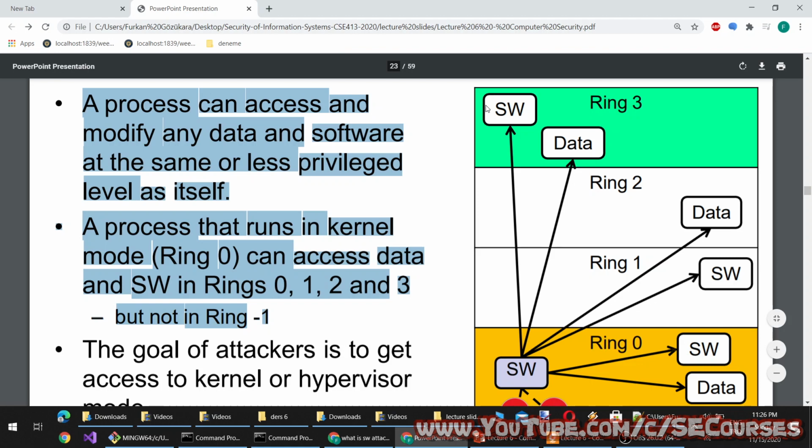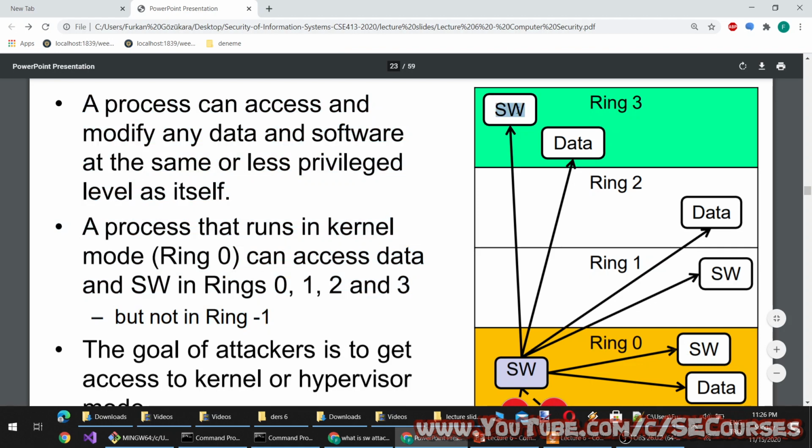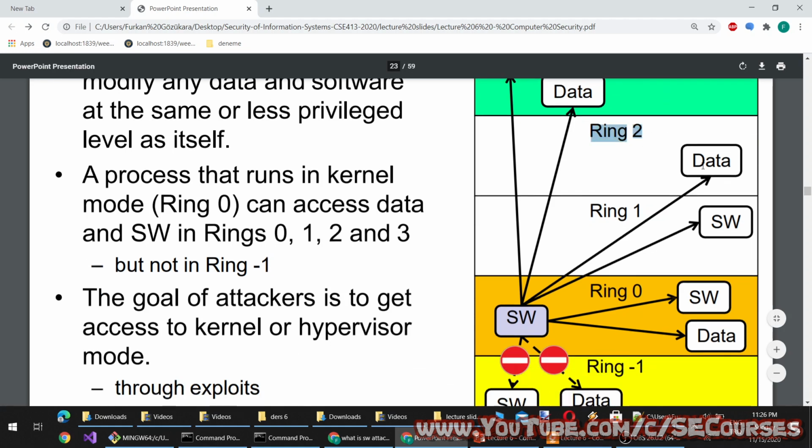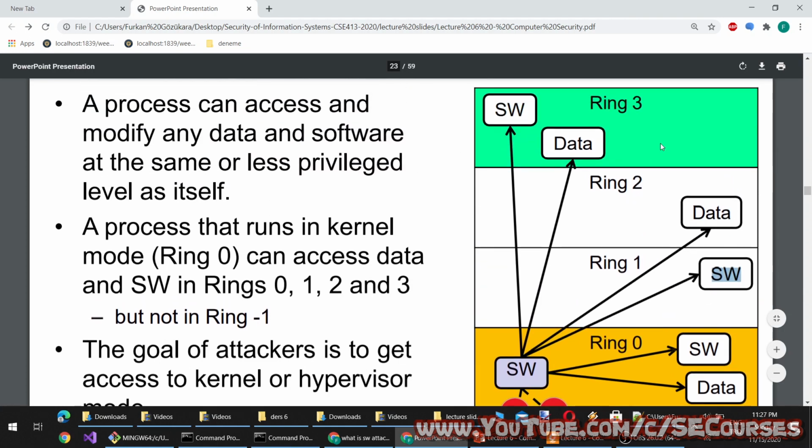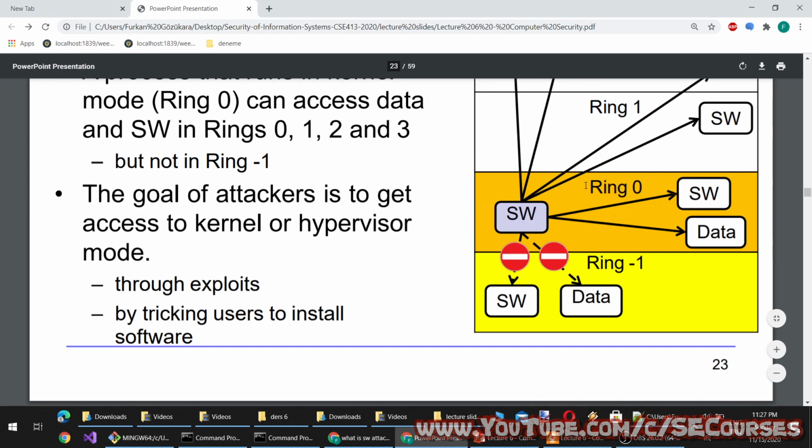Okay, so within their ring level they can access or modify, so software and data are in the same ring. And there is data in ring 2 and there is software in ring 1. So the software in ring 1 can modify and access the data and software in ring 2 and ring 3, but ring 2 cannot access ring 1. And ring 0 same, and ring -1 is the same principle.